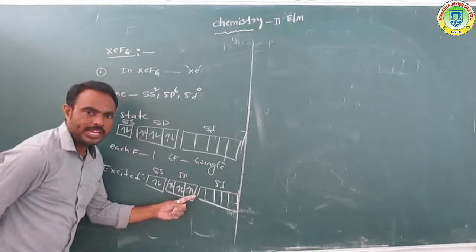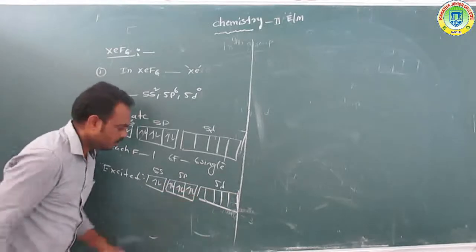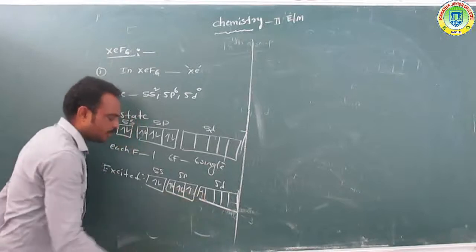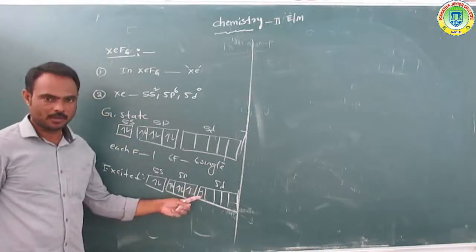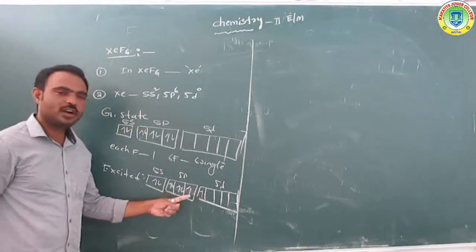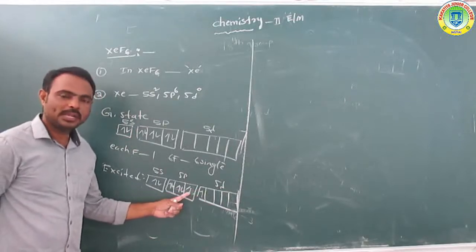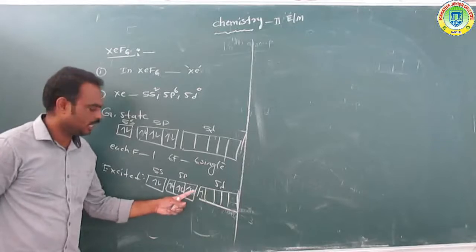Overall, in the first excited state, 1 electron of the 5p orbital is jumped to the 5d orbital.